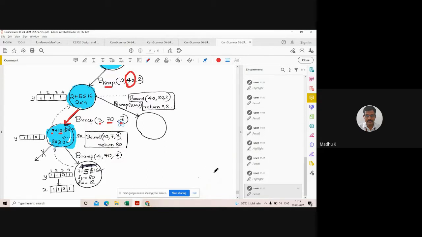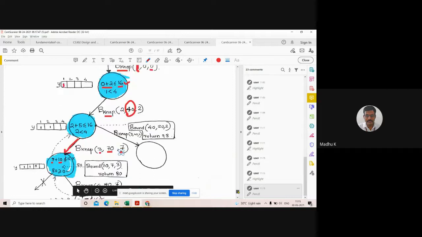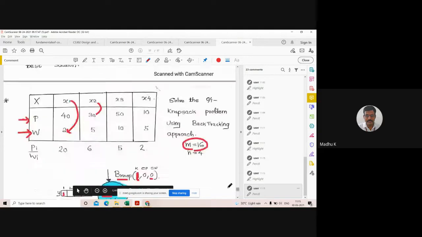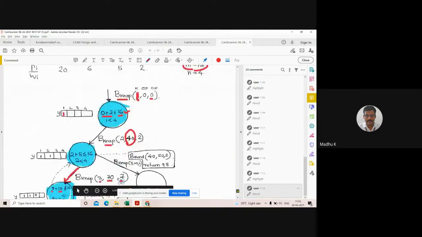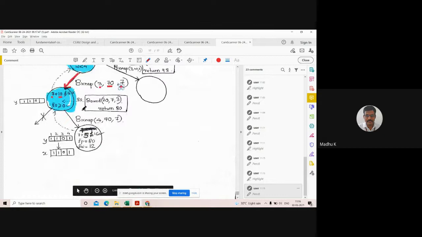So I check 7 plus 10 less than or equal to 16. No, this is not satisfied. That means I will not generate the left child. I stop that.